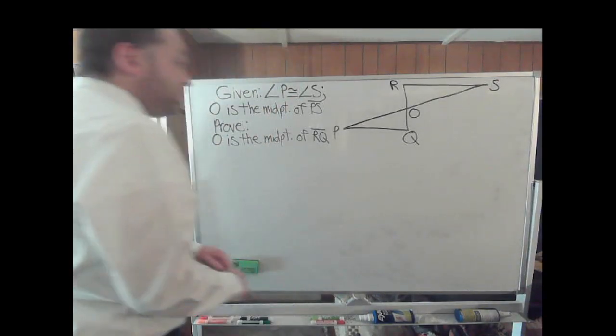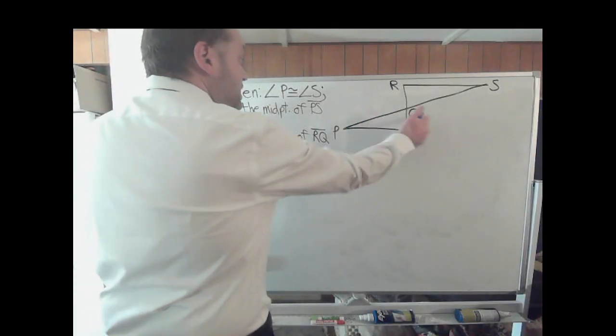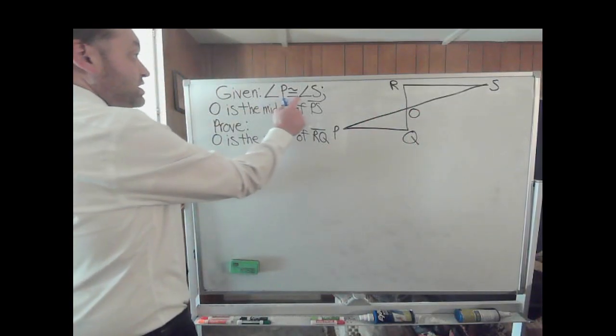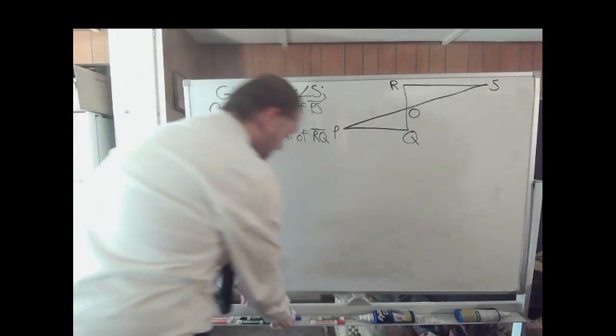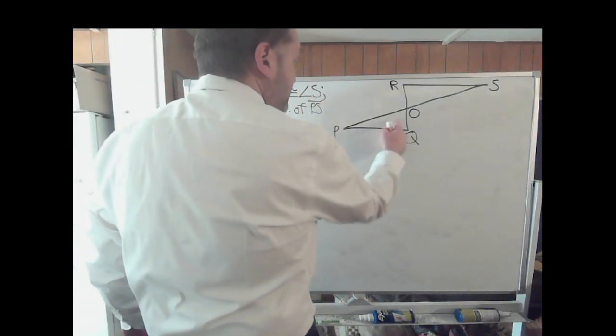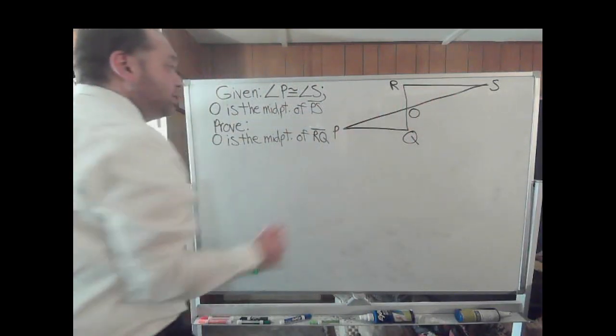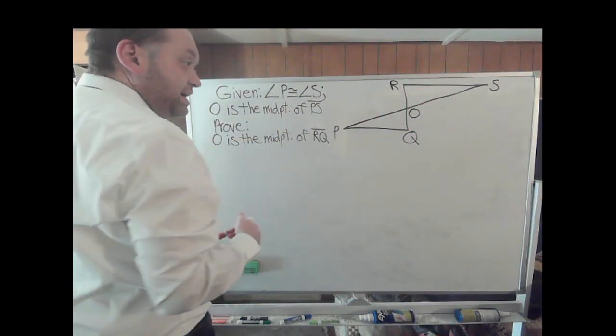So for our first proof, we are given in this triangle that angle P is congruent to angle S, because you have triangles POQ and ROS right here side by side connected to each other.